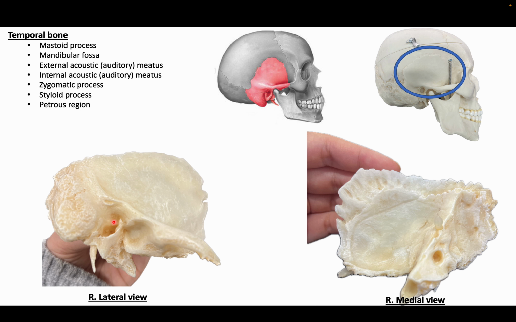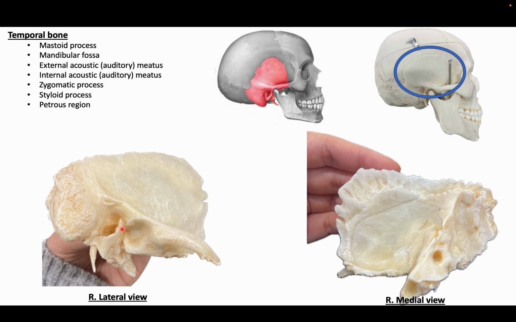In addition to that, if you were to take the temporal bone and flip it, so you're looking at it from the medial view, so this is the midline looking out, we now have the internal acoustic meatus. This is a passageway in the temporal bone that allows for the transmission of nerves and blood vessels that are involved in hearing. So you have the external acoustic meatus, which is visible from the lateral view, and then from the medial view, you have the internal acoustic meatus.